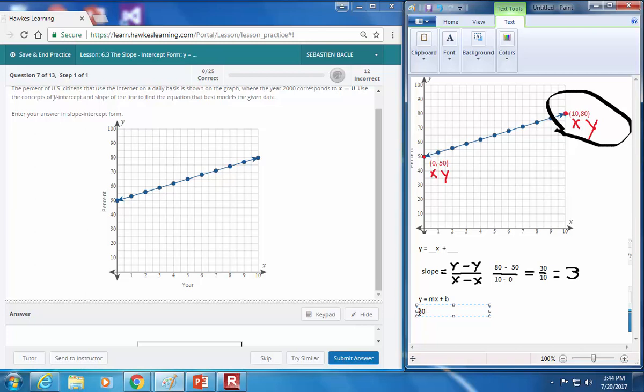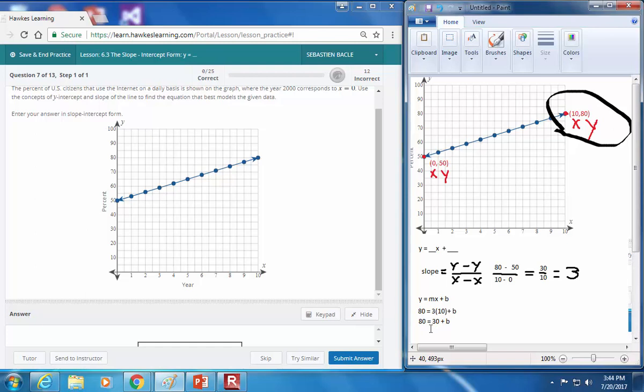So I'm going to put in my y value, which is 80, and that's equal to my m, which is my slope, 3, times x, which is 10, and then plus b. So I went over this in detail in the previous video, and then you solve for b. So 80 equals 3 times 10, which is 30, plus b.